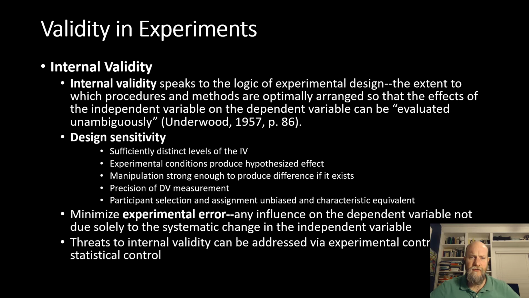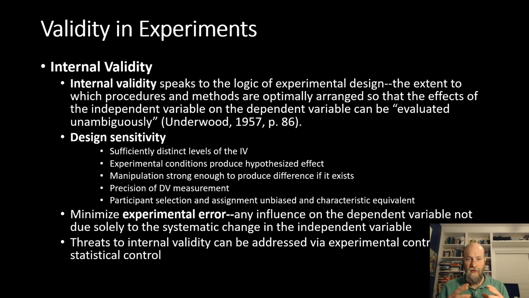There are a lot of factors in terms of our design of the experiment that affect the internal validity. One is the design sensitivity. So, for example, the levels of my independent variable, right? To go back to the Merzenich study, the brain plasticity training level, the computerized control, and then the no contact control.